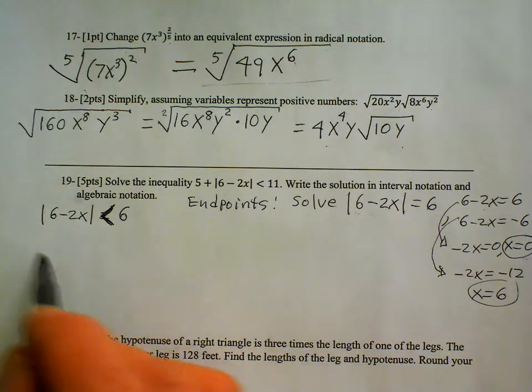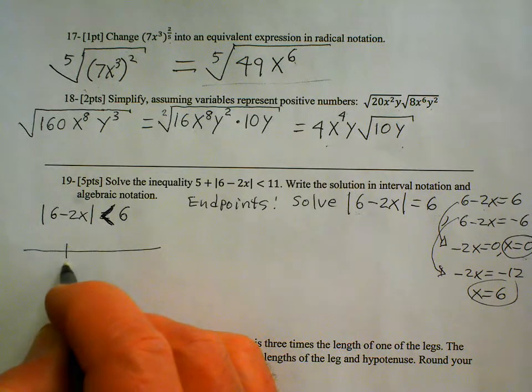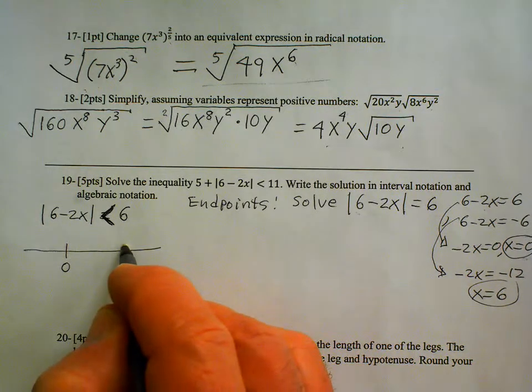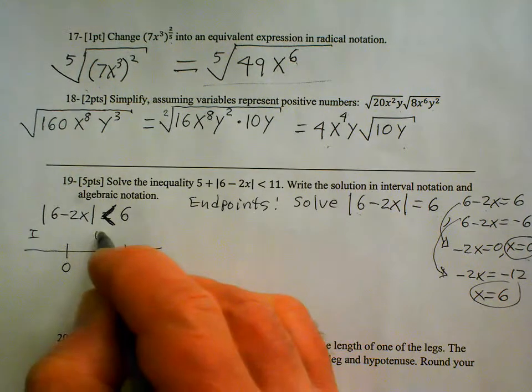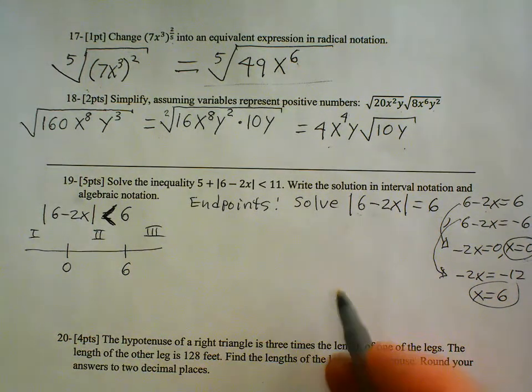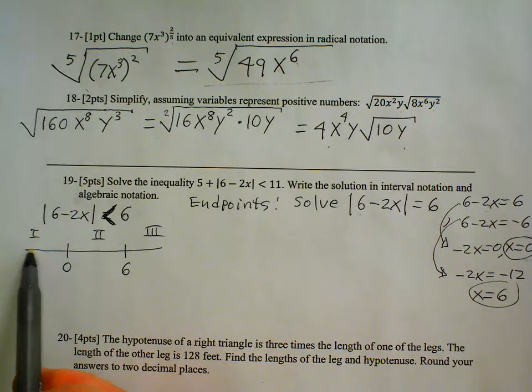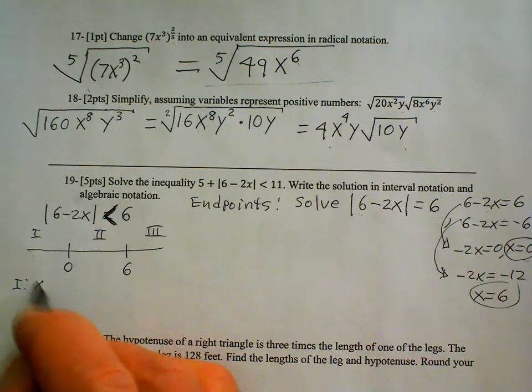Okay, so we divide the number line into 3 separate intervals where the endpoints are 0 and 6. And then pick test points. In the first interval, pick a number less than 0. I'll pick x to be negative 1.